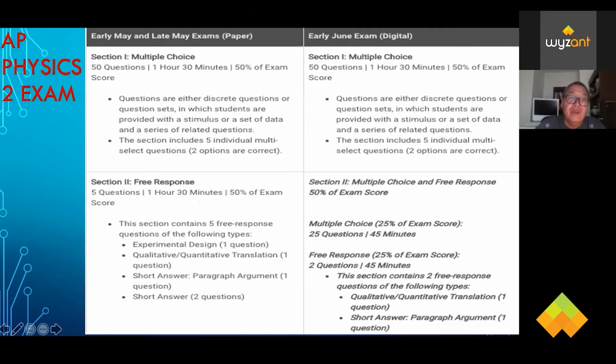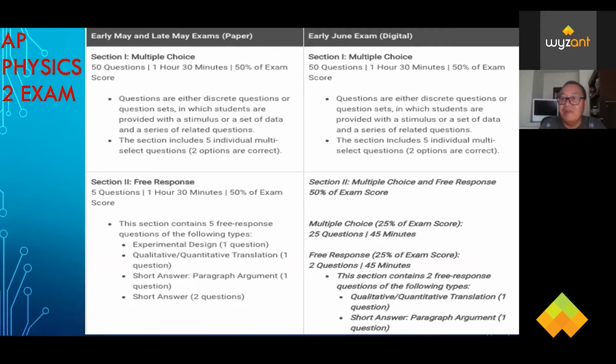So the problems in the AP Physics 2 test are divided into 2 parts, 2 sections. Section 1 is called multiple choices. They have 50 questions. The time is 1 hour, 30 minutes. That's 50% of exam score, okay? The questions are either discrete questions or question sets, okay?